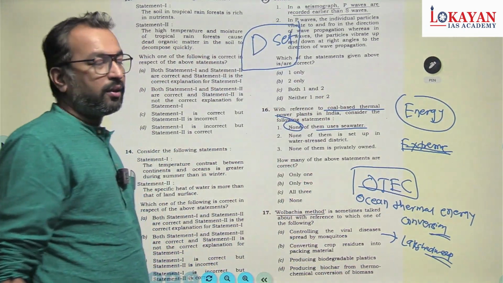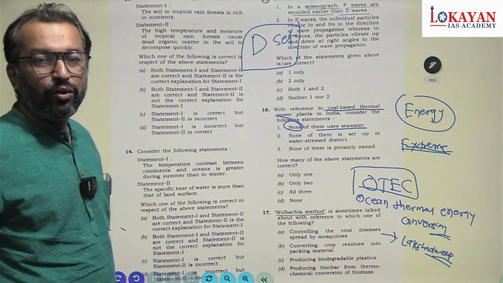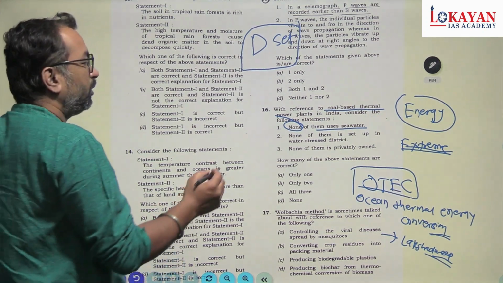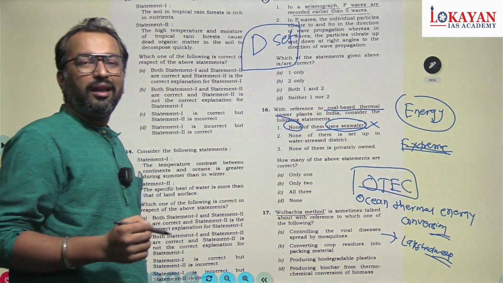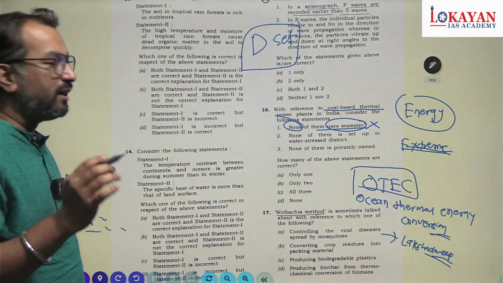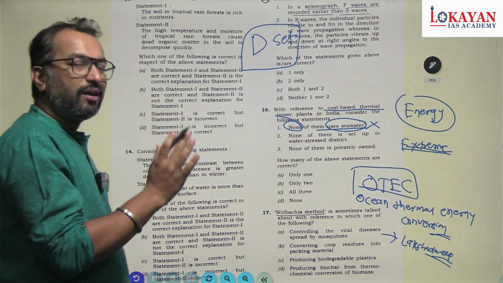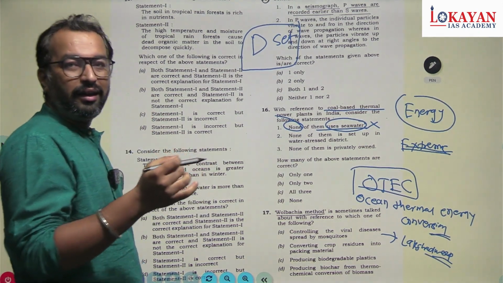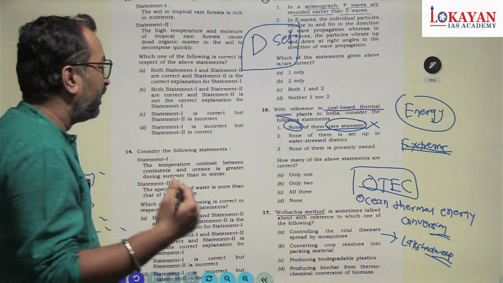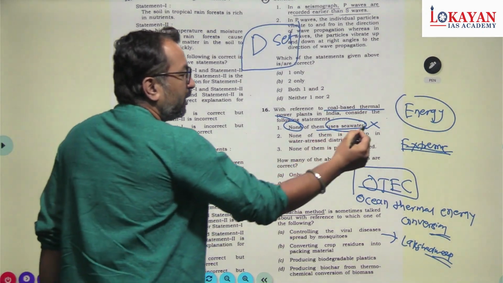Kavaratti, Lakshadweep, right? So in April, the news regarding that came. So 'none of them uses seawater' is a wrong statement, because there are a few coal-based thermal power plants which use seawater as one of the ingredients or additives. So the first statement is wrong.